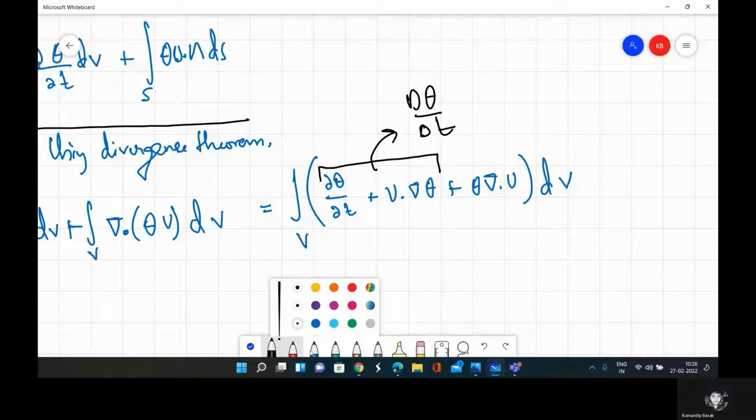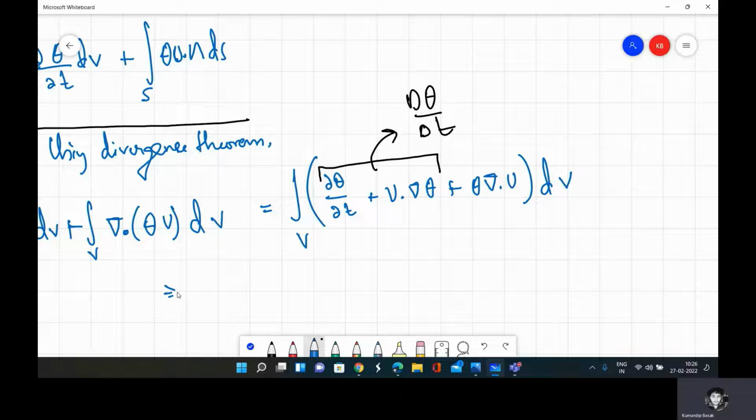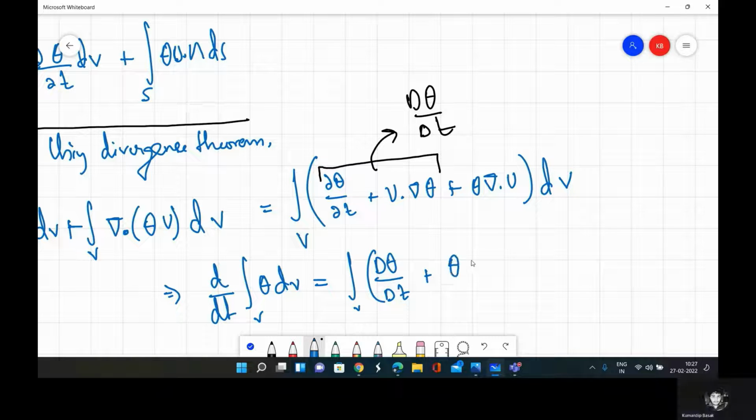So what we can write, from what we have equated and simplified, d by dt of theta integrated over dv is nothing but the volume integral of capital D theta by Dt plus theta grad dot u, dv.